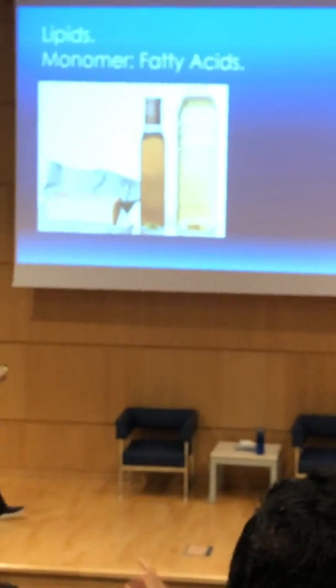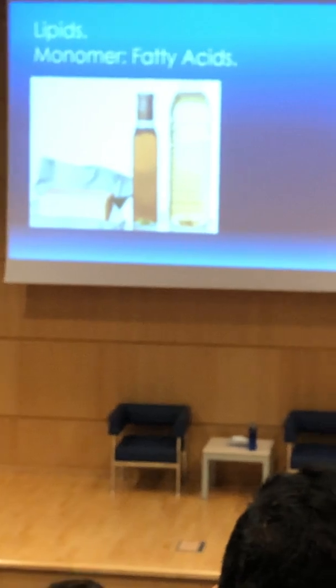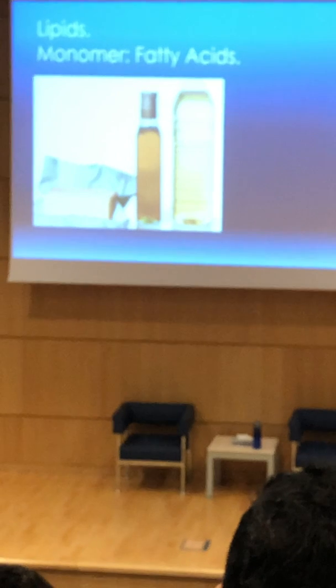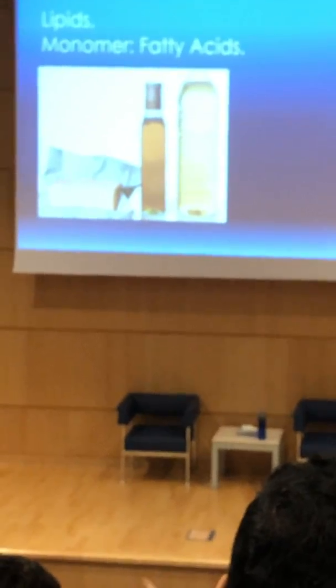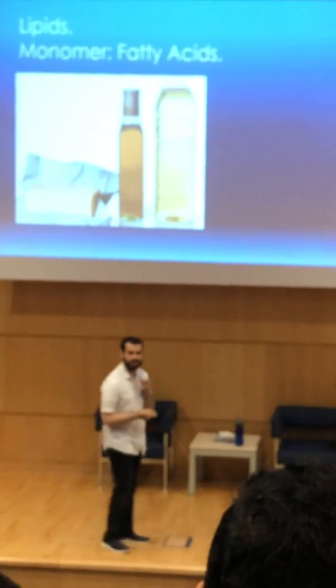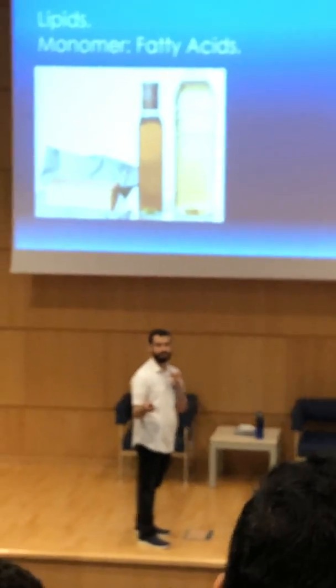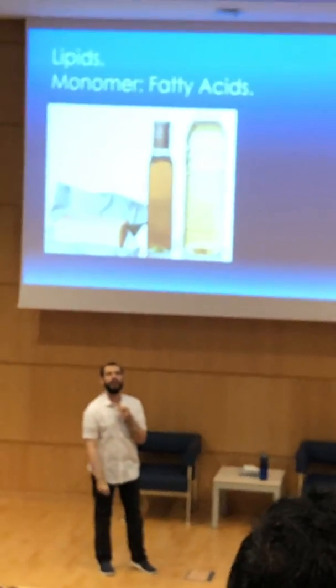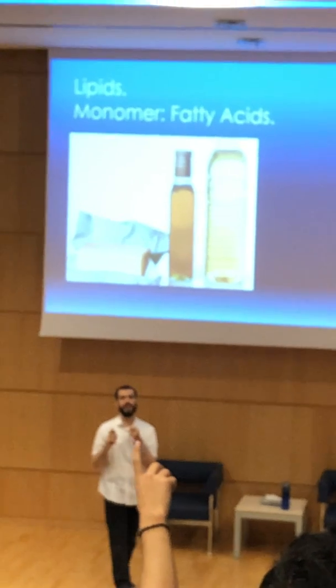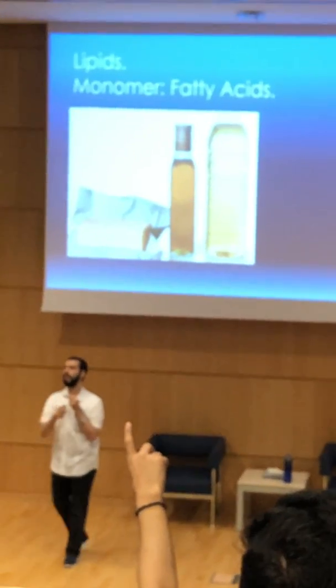Monomers are fatty acids. We all know that. They are found in oils. They are either saturated or unsaturated. Store energy. Perfect use of words. Hormones. The word is steroids.